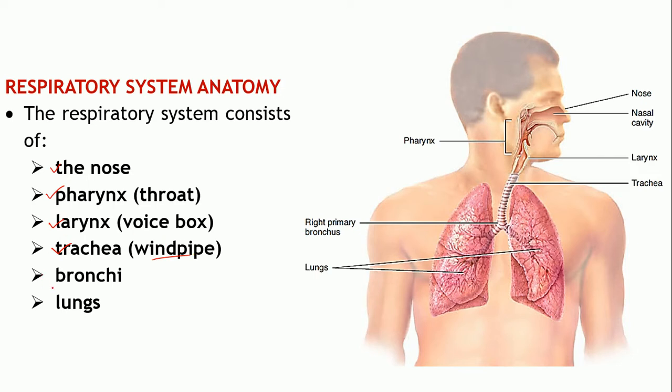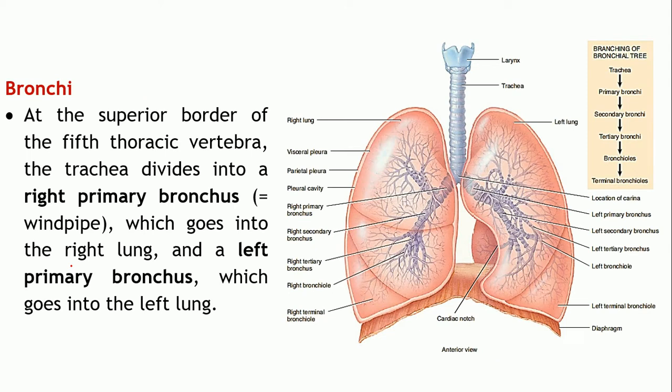Okay. So the next part into which the air is passed is the bronchi. These are the structures which branch off from the trachea.